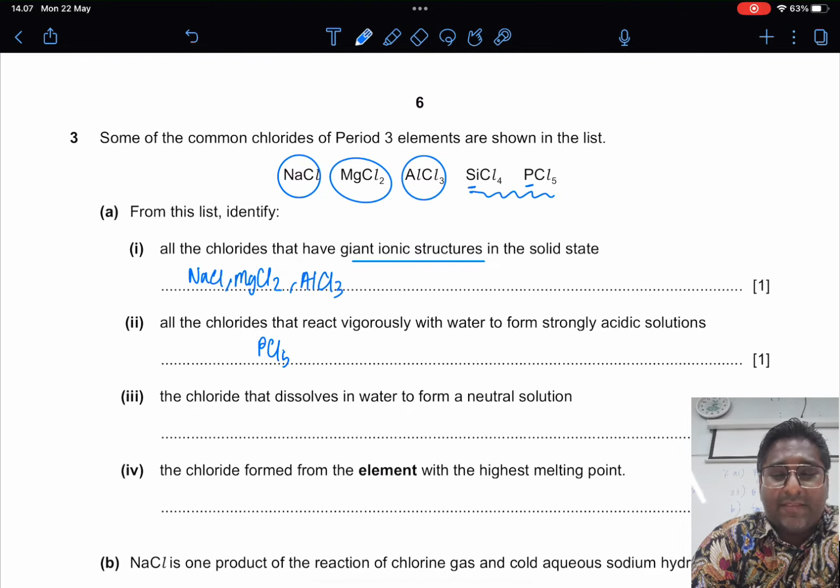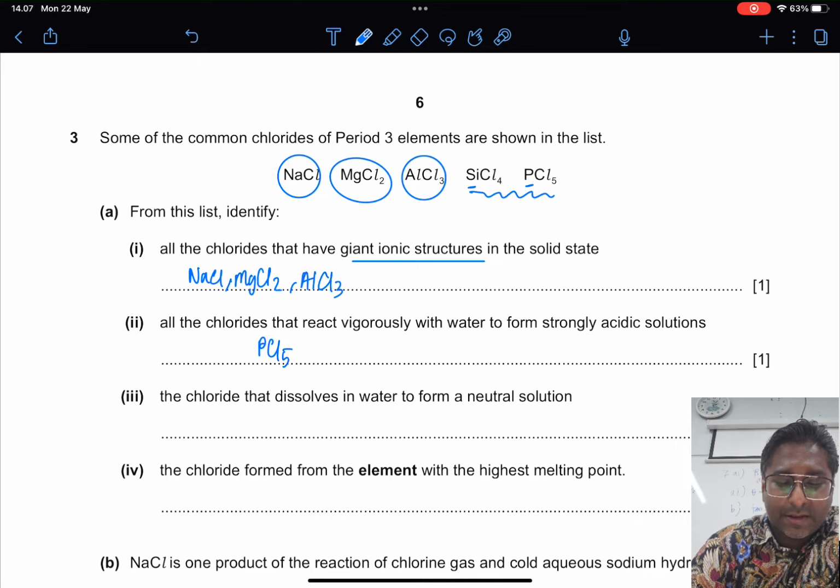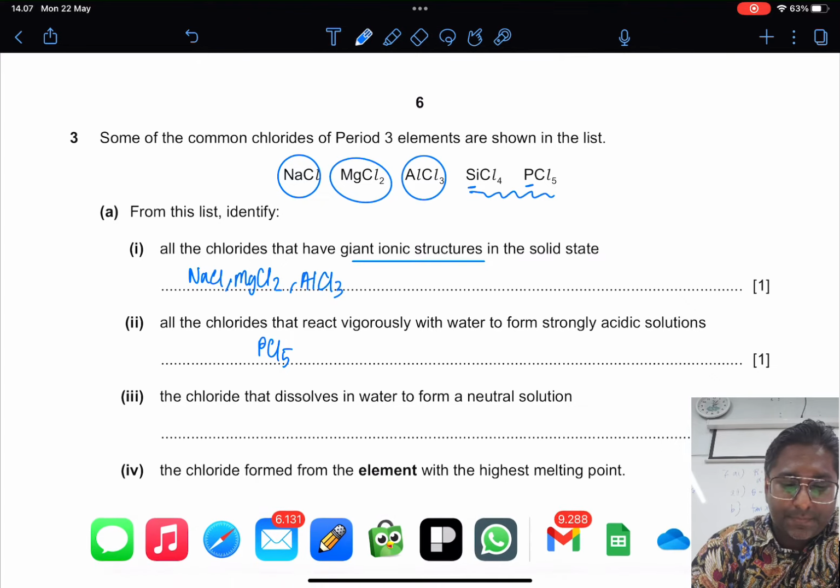But do remember they are non-metal chlorides, so see whether they react vigorously with water. Let's see the marking key.